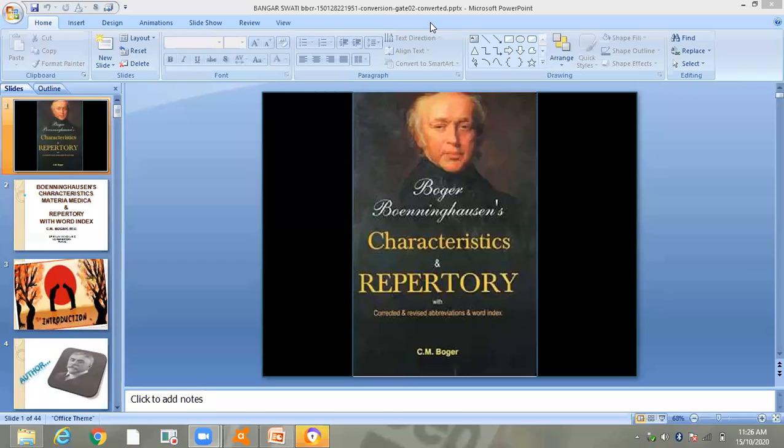This rubric we found in the section sensorium, and faintness on rising, the same meaning rubric, we found in the section sensation and complaints in general. So in this way, the same rubrics we found in different sections with different groups of remedies.